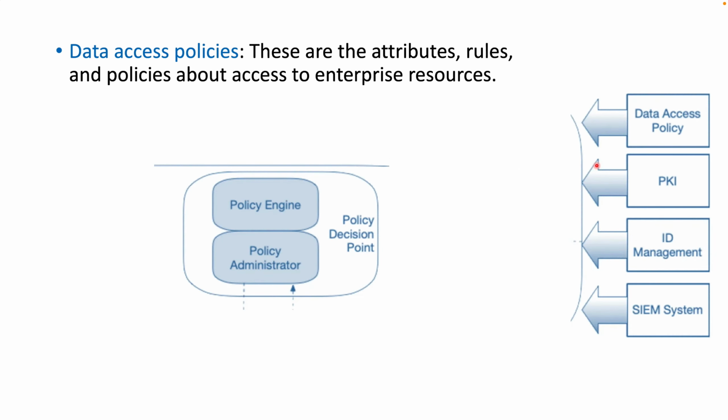And the next one, data access policy. These are the attributes, rules, and policies about access to enterprise resources. This set of rules could be encoded or dynamically generated by the policy engine.